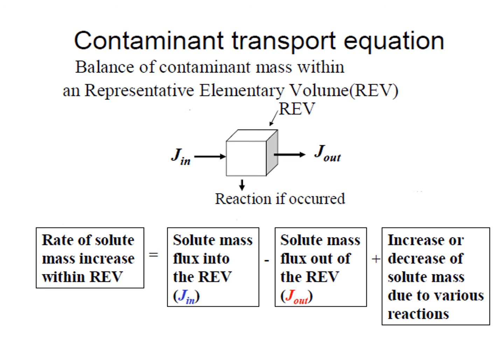All the contaminants within this box can have some reaction, so the influx of the contaminant will not be equal to the outflux because of utilization within this process.